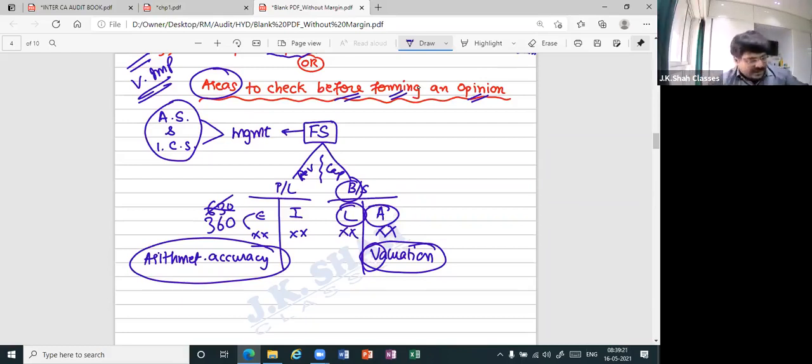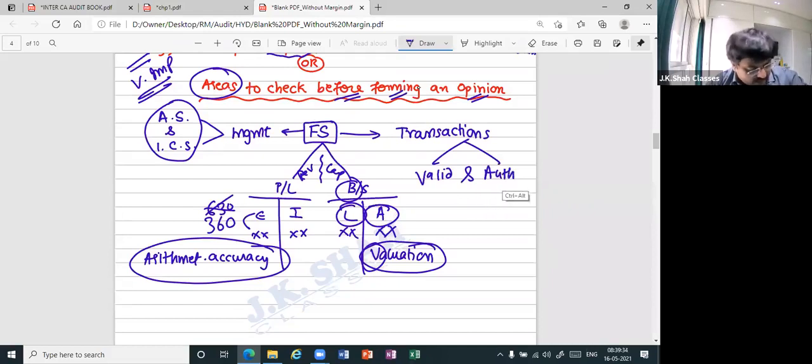All cool. Next. Can I say financial statements are made up of transactions? Then the auditor has to check whether the transactions are valid and authentic. Now, what do you mean by valid? Valid means it should be for business purpose and not personal. I already gave you one example: the managing director went to ITC Cholamandalam for nothing but lunch, family.